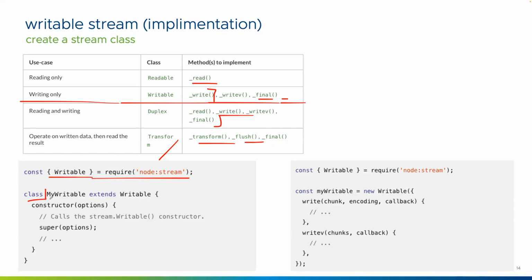Define your MyWritable, which extends Writable, and then you give your constructor. Notice that you have to call your super constructor. Then you can give your own initialization for your subclass.